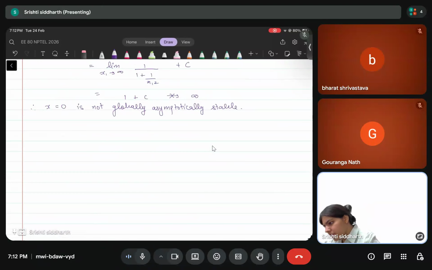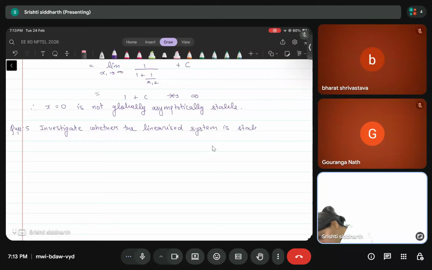Let's move on to the next question. So the nonlinear system is x1 dot, x2 dot.